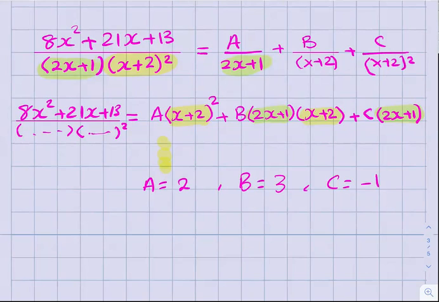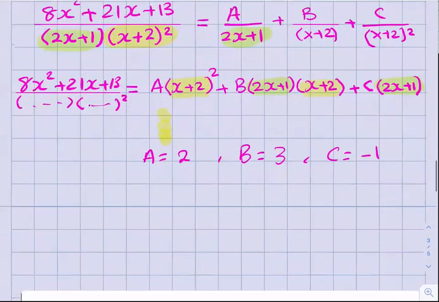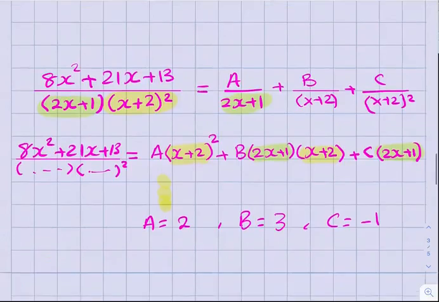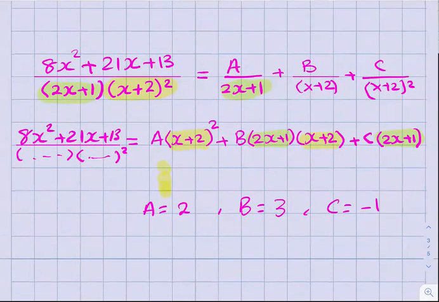After you work them out, you substitute the values to make the terms equal 0. You will find A equals 2, B equals 3, and C equals minus 1. Then you substitute them instead of A, B and C.